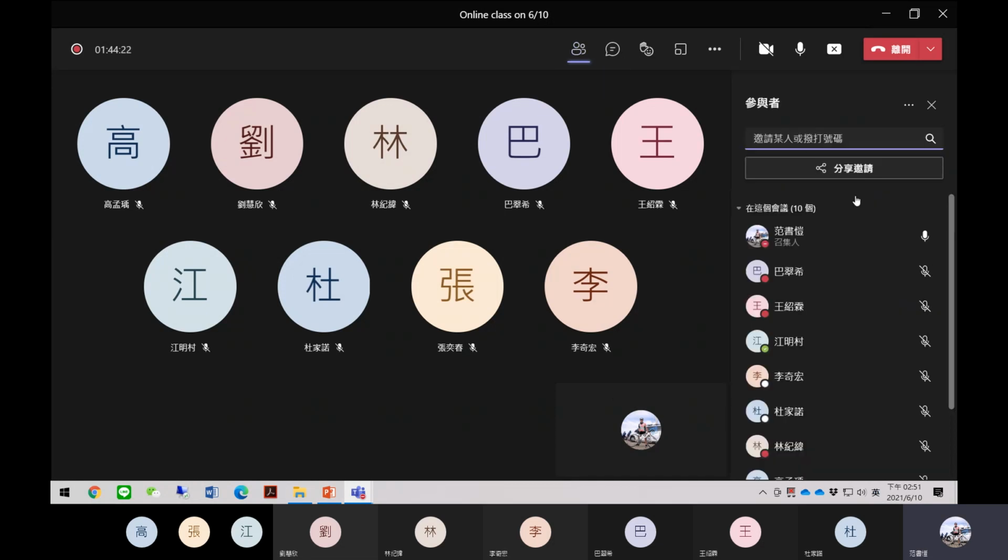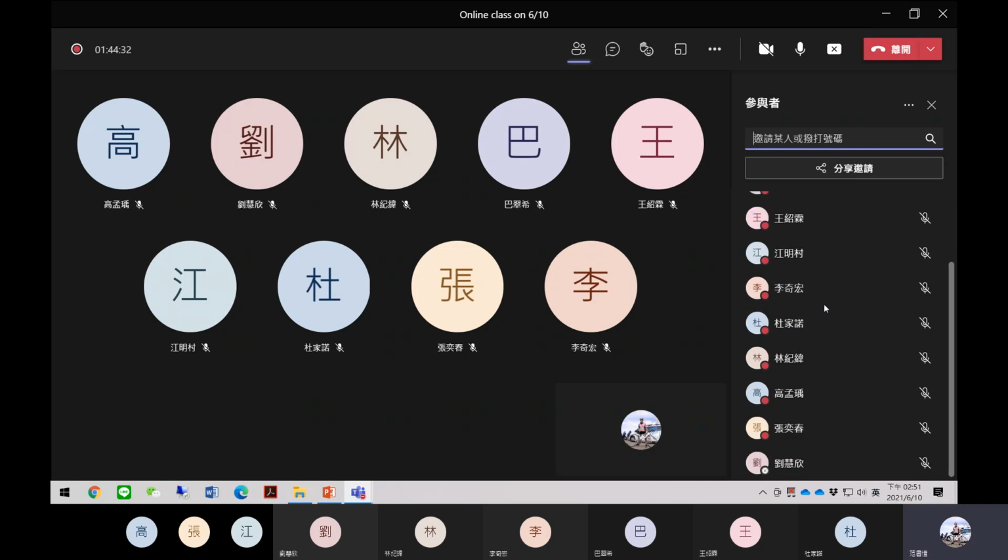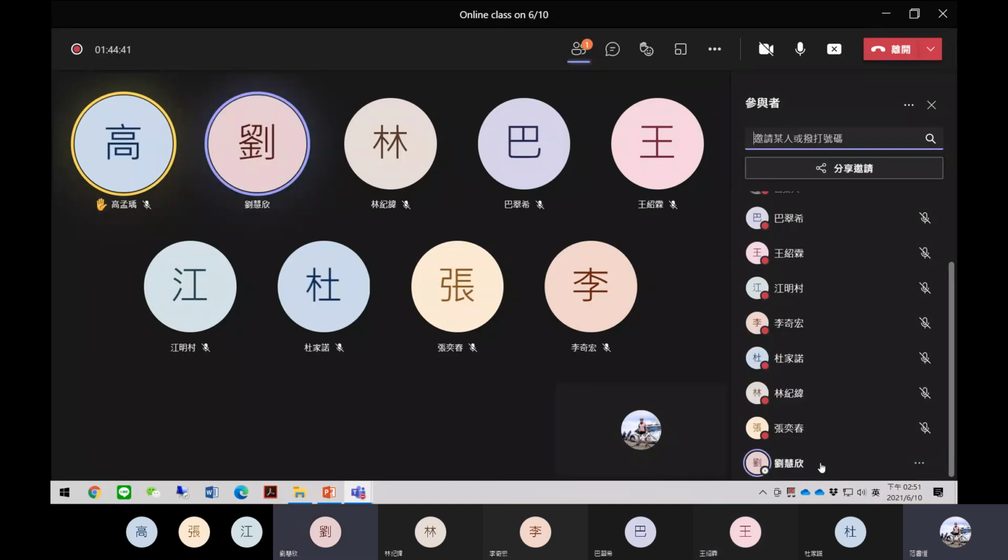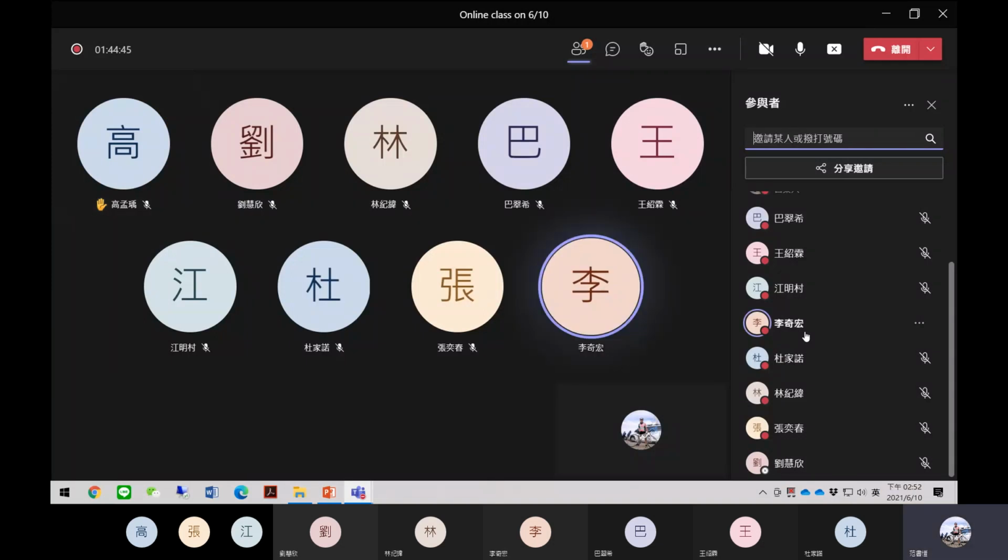Before I let you go, next week we're going to have 5 students present, right? Including who? I think including me. Shaolin, Huixin, right? Yes. And Qihong, right? Am I right? Yes, teacher.